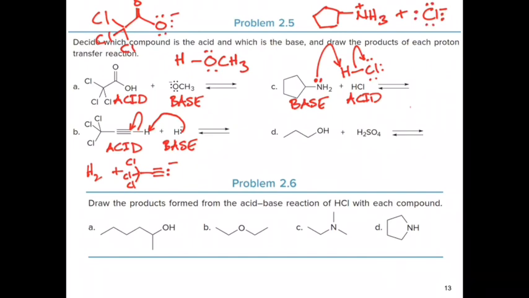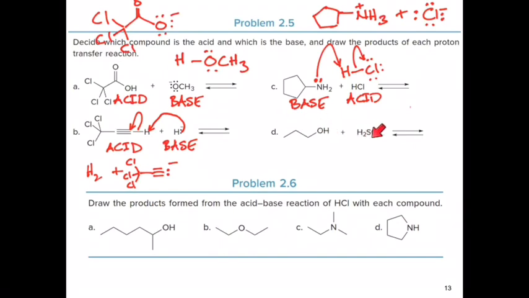All right, and that chloride ion, of course, bears a negative charge. And so if this is the acid, then that must mean that this is the conjugate base right here. And if this was the base, then that must mean that this is the conjugate acid.